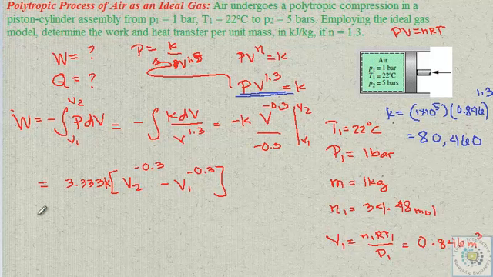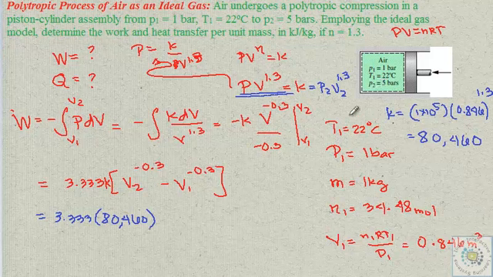K here is already known, so I'll have here 3.333 times 80,460. Now, how about V2? If P1 V1 to the 1.3 is equal to K, this is also equivalent to P2 V2 to the 1.3. We know P2 is 5 bar.